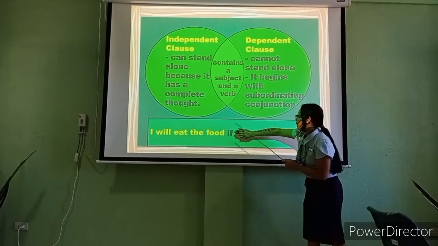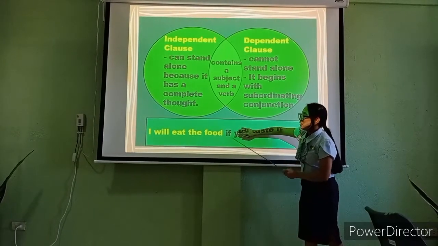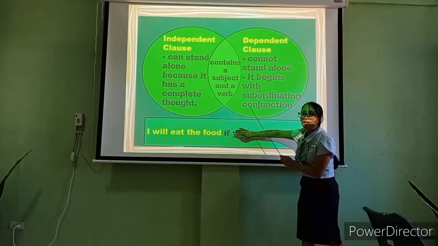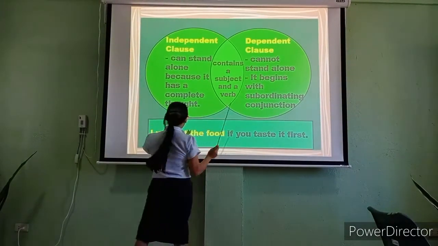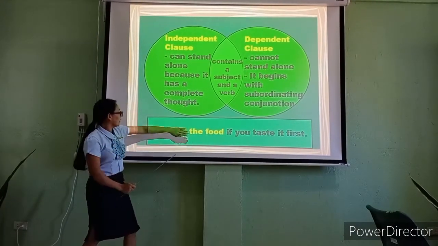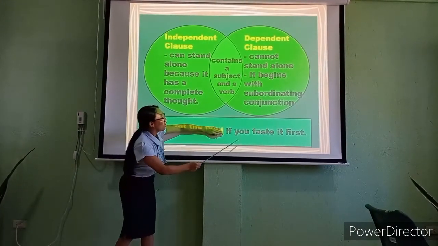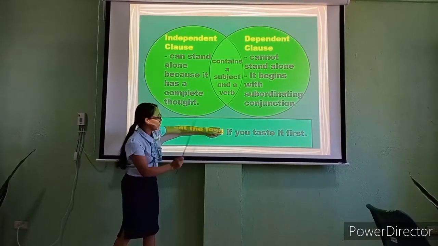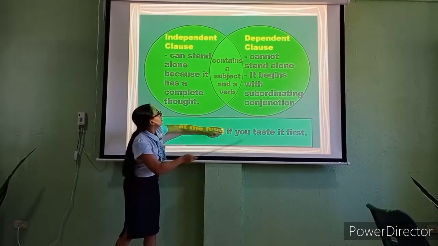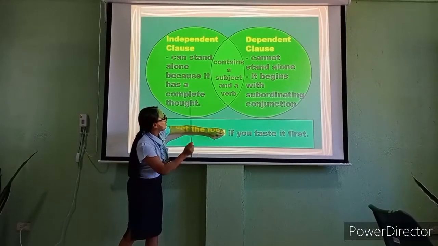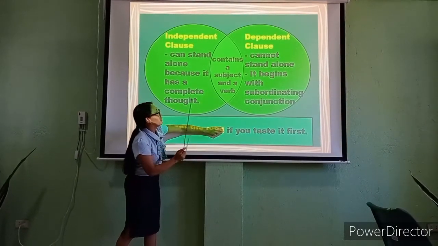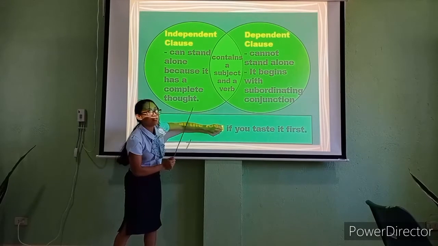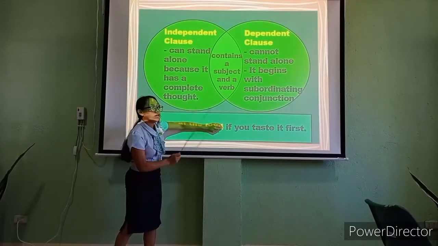It can stand alone. But if we remove the first clause, I will eat the food, the remaining clause cannot stand alone. So this is the example of a dependent clause. If you taste it first, there's still a subject and a verb, but it does not give us a complete thought.